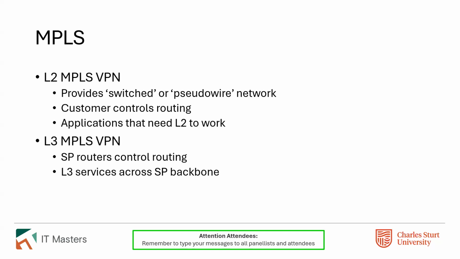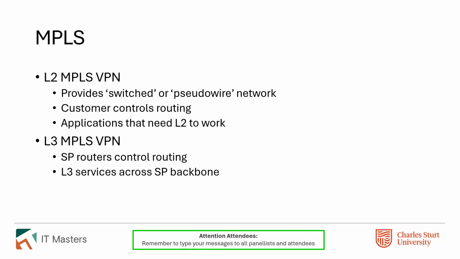And from that point of view, it makes it very, very easy for the service provider as well. It also means that if you've got particular applications that need to work at layer 2, some custom applications, for example, you've absolutely got that ability there. And there's two different ways that can work as well. You can either provide a switched network, which looks awfully like a very large Ethernet switch, or there's pseudo wire, which looks awfully like a very long point-to-point cable.